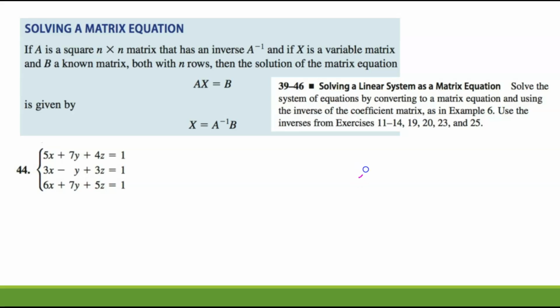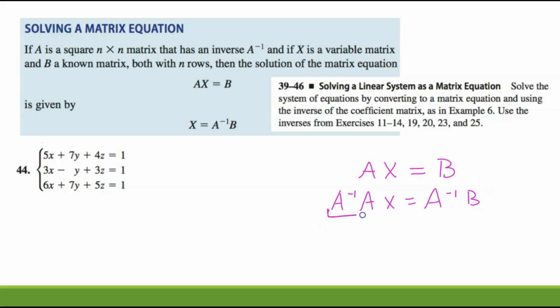Here, if I look at matrix A times matrix X equal to matrix B, where matrix A is full of numerical entries and matrix B is full of numerical entries, and I want to find matrix X, the variables of the system, what we can do is multiply both sides by the inverse.